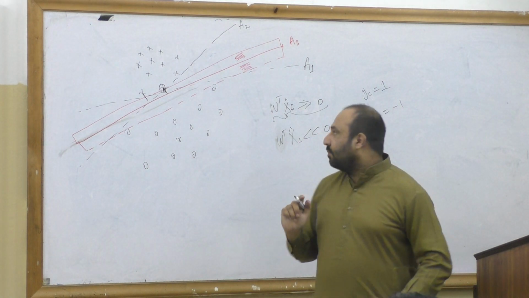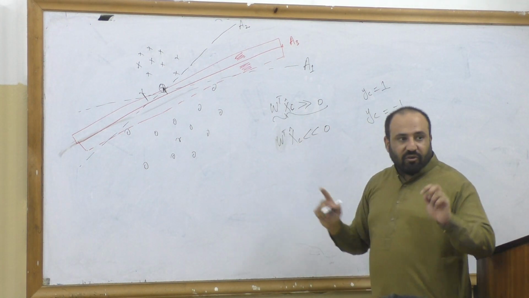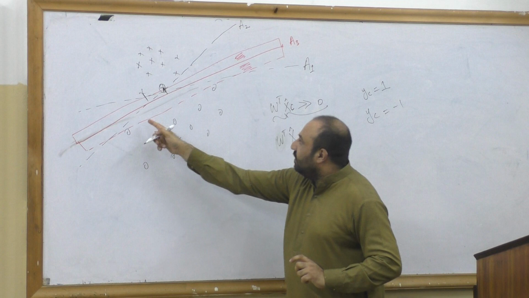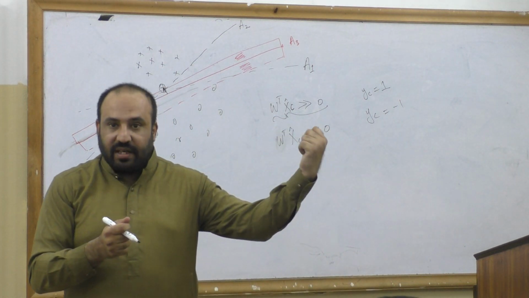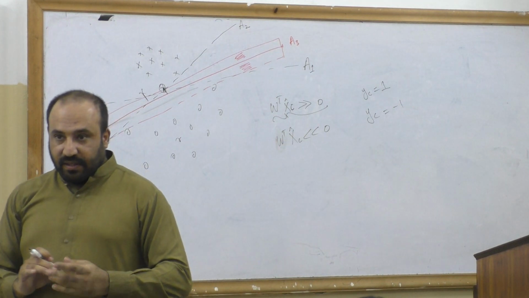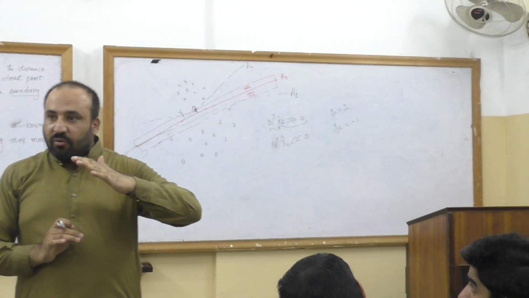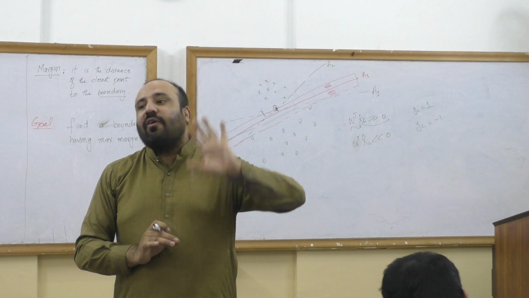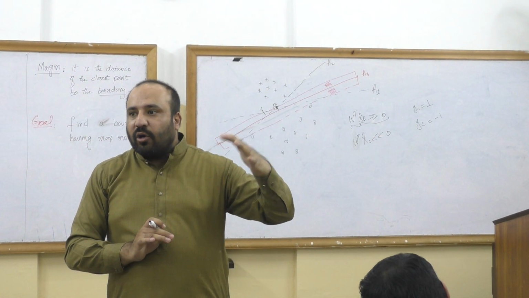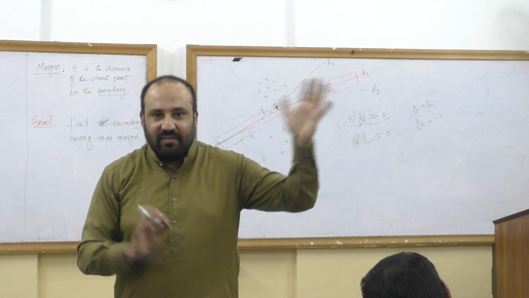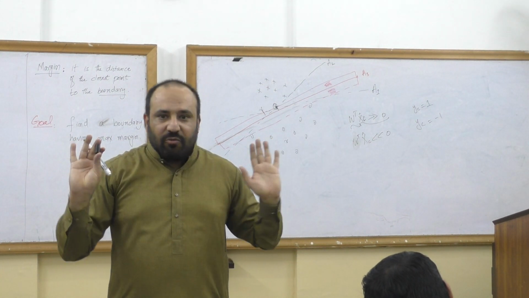Make sense? This is happening only for the points that are controlling the boundary. In SVM setting, SVM says, find out the boundary so that the closest point to it is far away. Obviously, if the closest point is far away, the points that are not closest to it are very far away. Yeah. So you are achieving what you want to achieve.